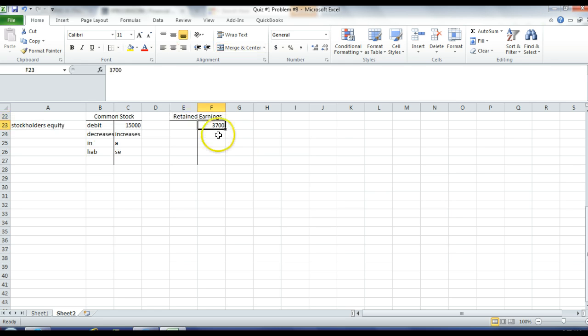So when we decrease retained earnings, because we're spending $200 that the stockholders are not going to end up getting, we are going to decrease our retained earnings by $200, which is a debit. Again, the normal balance of retained earnings is a credit balance when we increase it. But when we take away, we're going to debit our retained earnings.